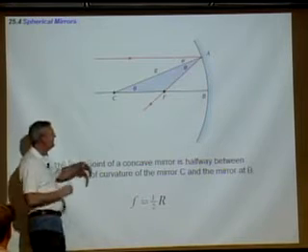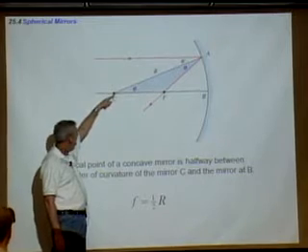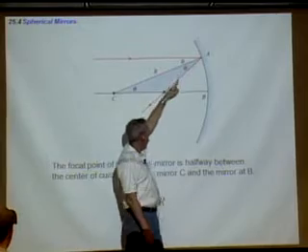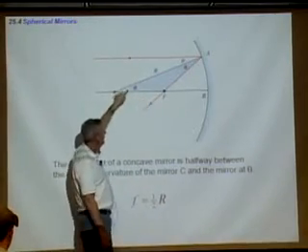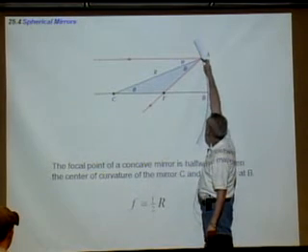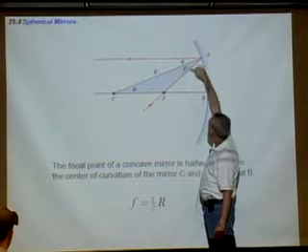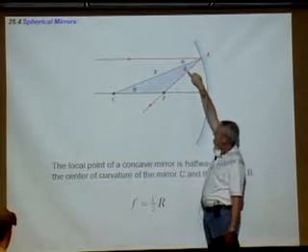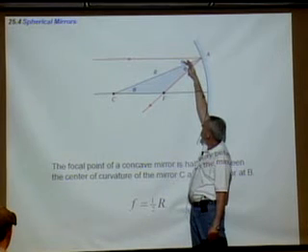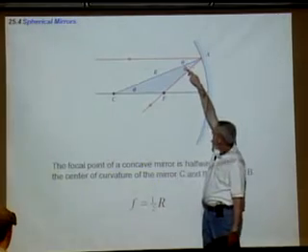All right, and here's a little geometry to show it. Basically, this line that's R, the radius of curvature, is normal to the mirror. So a line coming in here and then bonking out like this has angle of incidence equals angle of reflection.